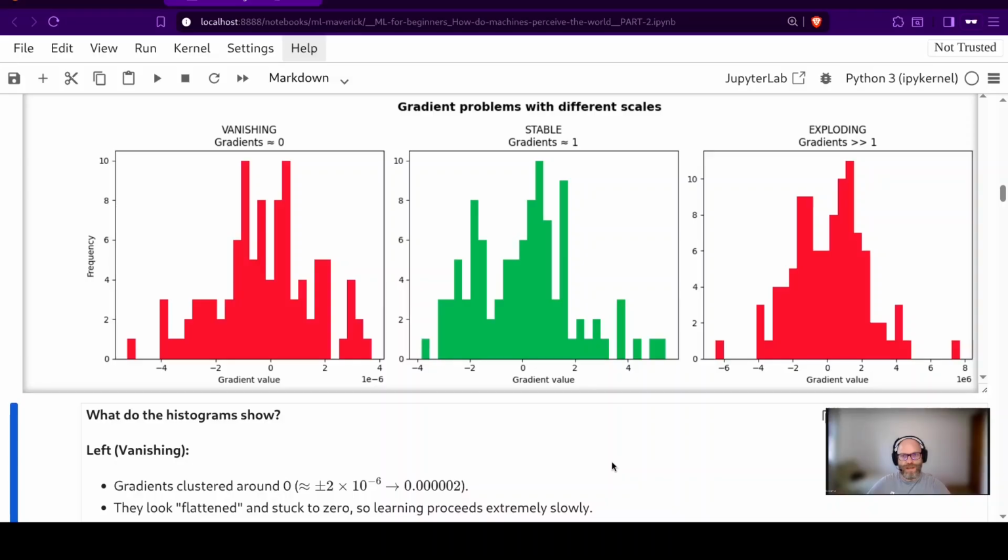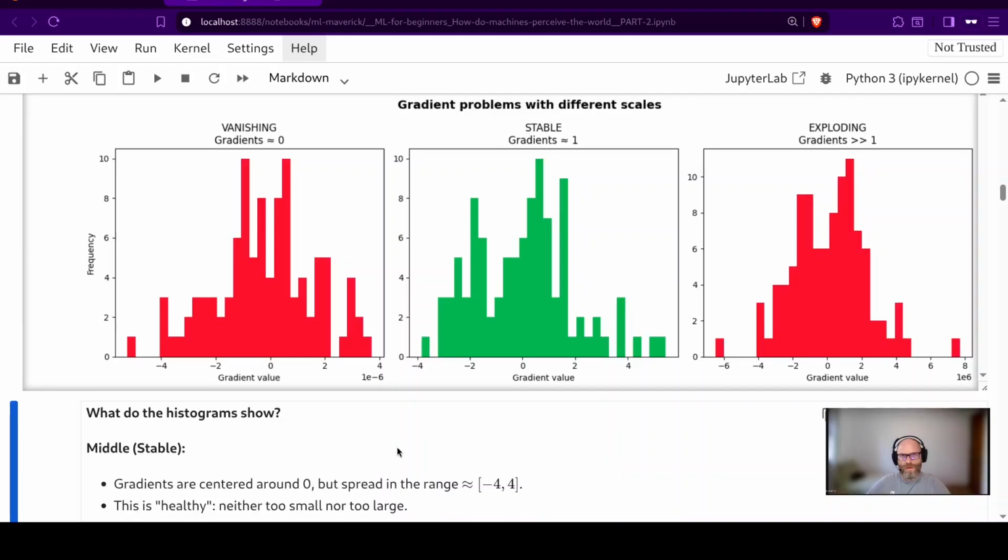They looked flattened and stuck to the 0, so the learning process is extremely slow. The middle histogram: stable, gradients are centered around 0, but spread in the range approximately -4 to +4. This is healthy, neither too small nor too large, the green one.